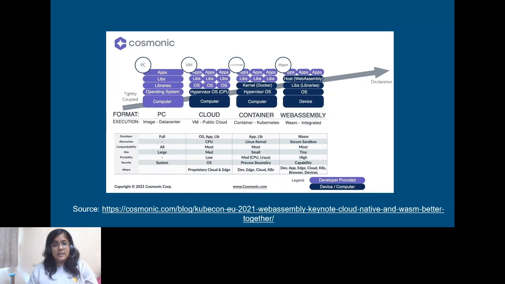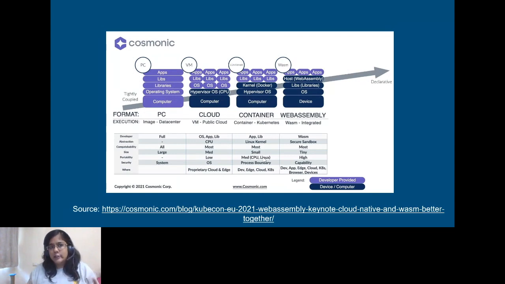So if you see in this particular diagram, what cloud native has been doing is that we just have to worry about the application specific libraries and the actual app that we write. With WebAssembly, since we just have a binary instruction format to which our application compiles, this could virtually be run anywhere.